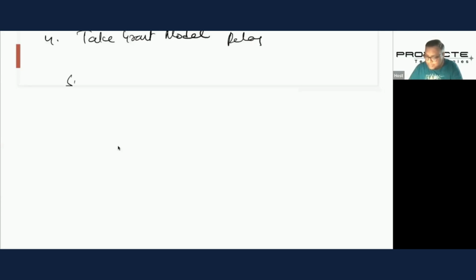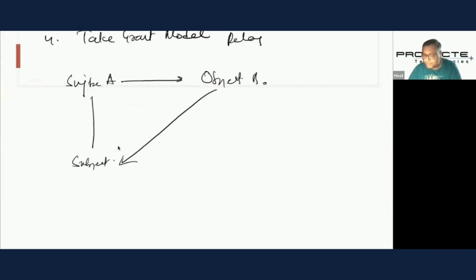Say subject A is trying to access object B, but object B doesn't trust A. But subject A is trusted by subject C, which is trusted by object B. Now, since object B knows that subject C trusts subject A, object B will give access to the subject. So this is the take-grant model. Object B says, okay, fine, if you trust him, then I'll give you the access.